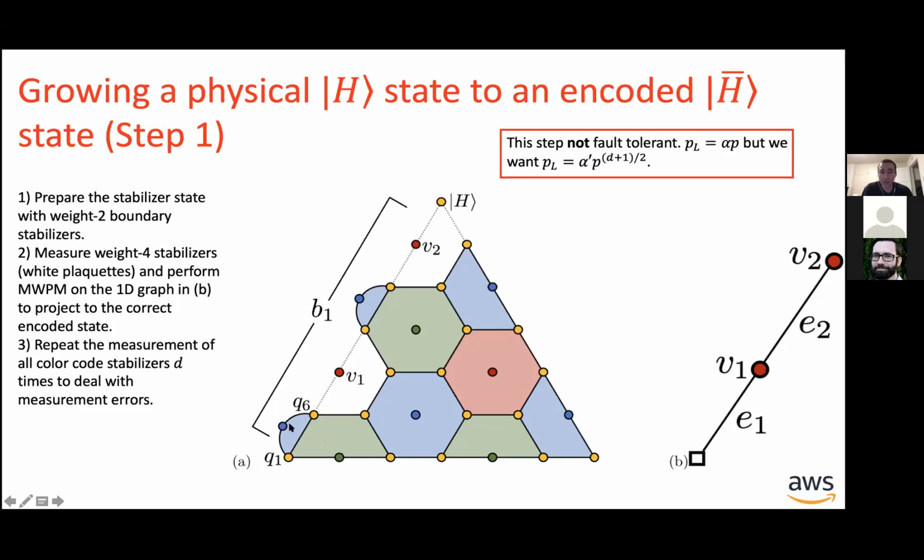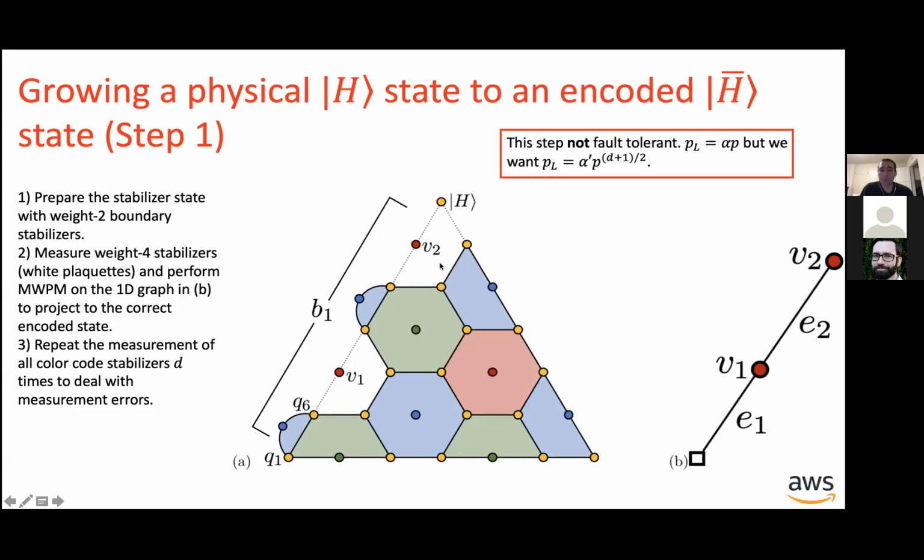And you'll see that you have these weight 2 stabilizers at the boundaries of the triangle. And just to point out, the boundary here isn't really important. I just chose one of the sides for illustrative purposes. Now the way that you would prepare the state is that you would measure the operators in the white plaquettes at the boundary. These operators don't commute with the weight 2 stabilizers of the stabilizer state, and so those measurement outcomes are going to be random.